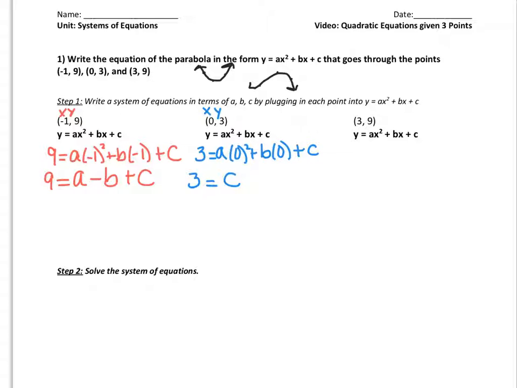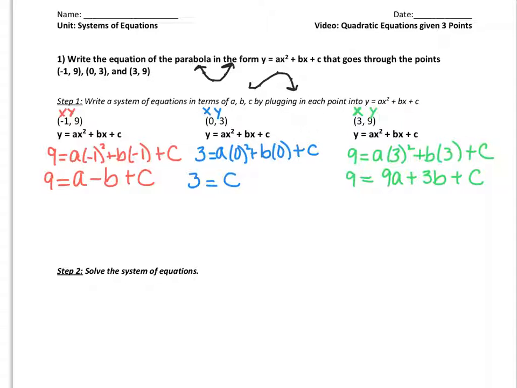And then the last point that we have, our x value is 3 and our y value is 9. So we have 9 equals, we're going to do 3 squared first, which is 9, so we have 9a plus 3b plus c.